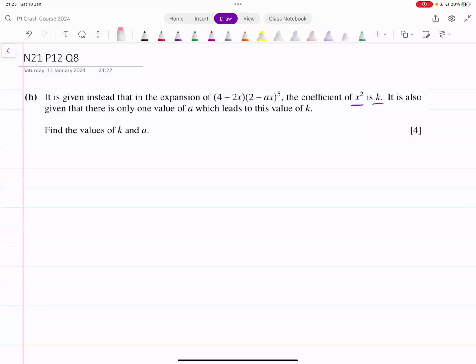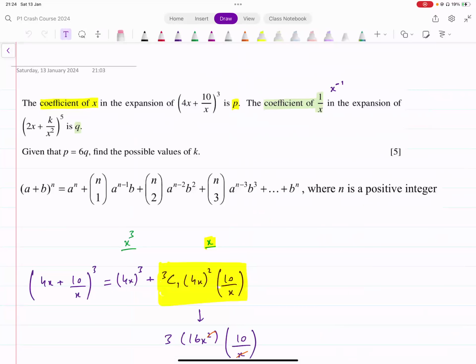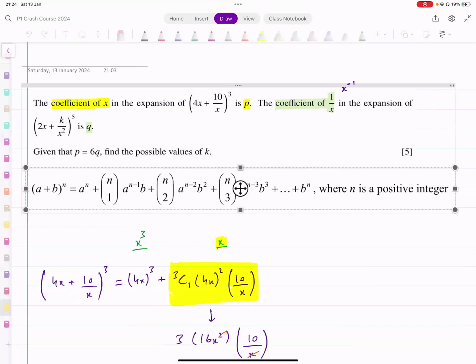Okay. Now let's expand it. So you have (4 plus 2x) whole, into (2 minus ax) whole raised to the power 5. We have this binomial formula. We're going to keep this in front.